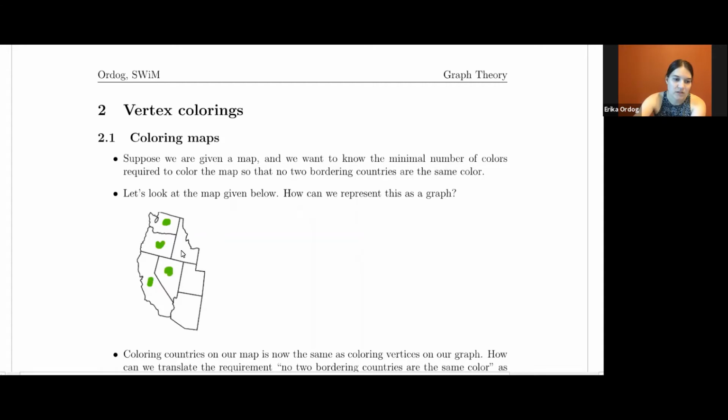You can draw those in here. And then the connections that are important for this question would be that two states are connected to each other, or those two vertices are connected by an edge if they border each other. So we want to draw an edge between two vertices if those states border each other on the map.